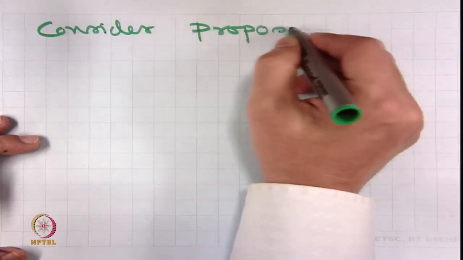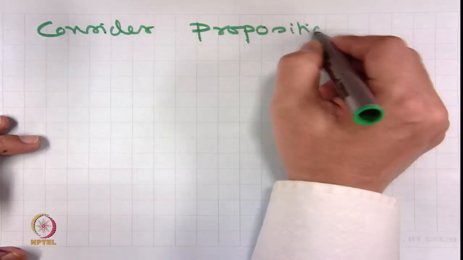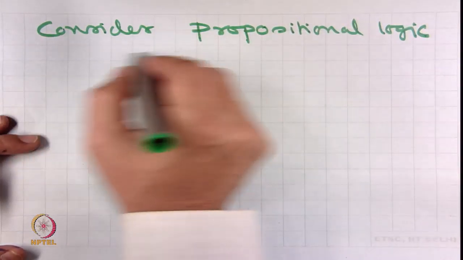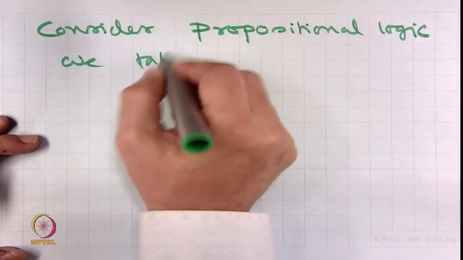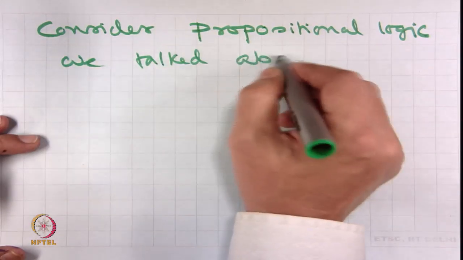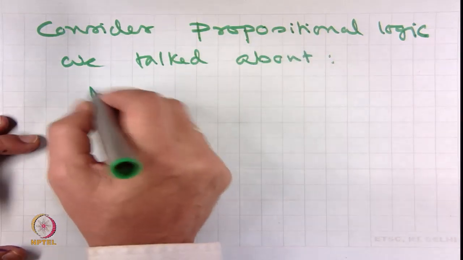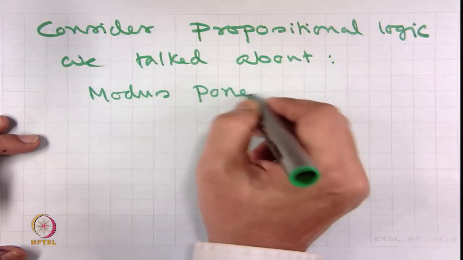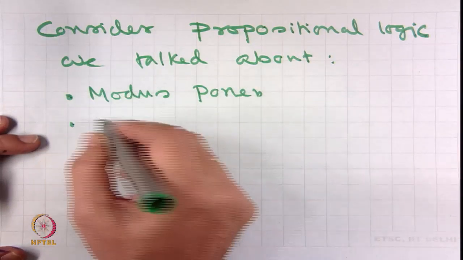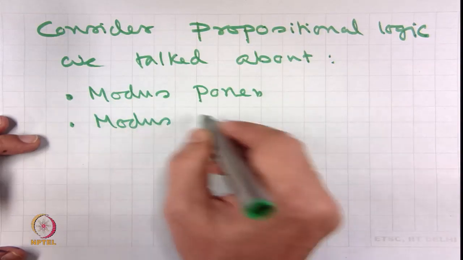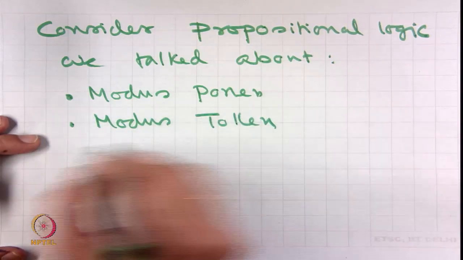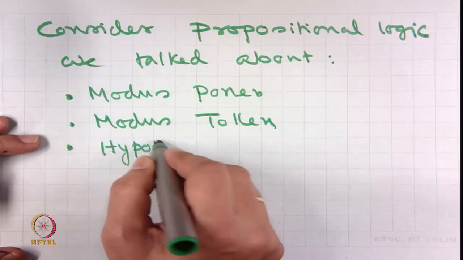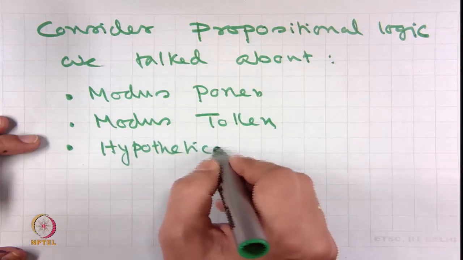In propositional logic, we talked about modus ponens, modus tollens and hypothetical syllogism.